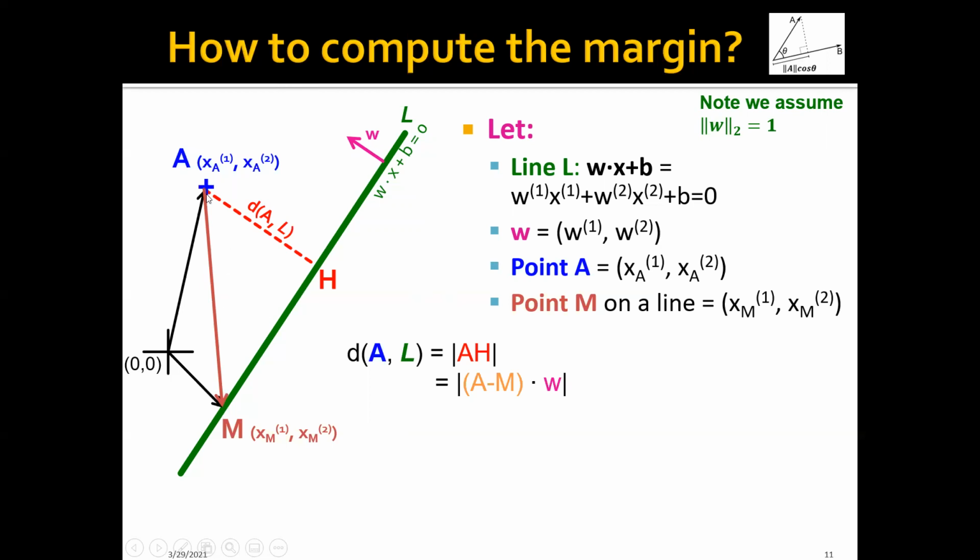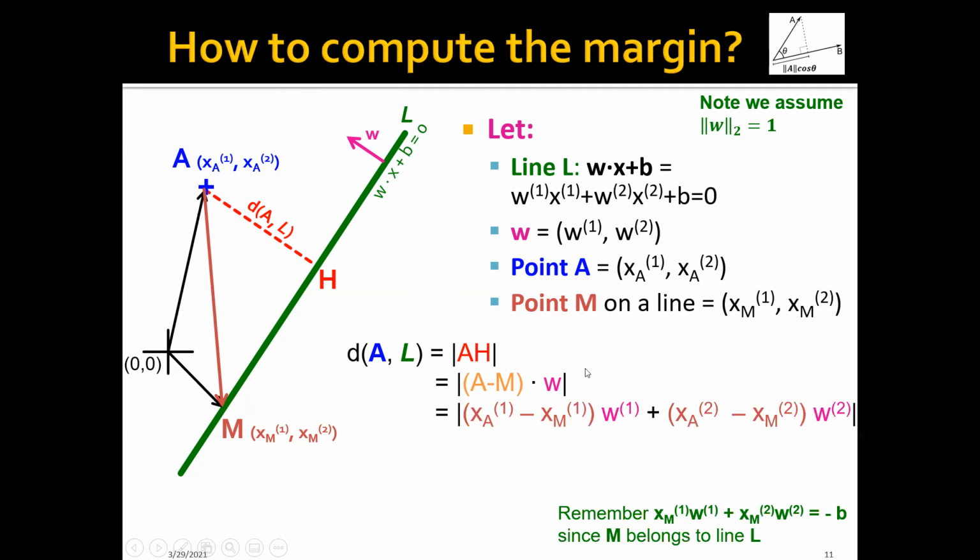This will be just the projection of the vector AM onto the vector W, so this will be exactly the distance between A and this decision boundary. And we can expand this as the following equation. Basically this will be XA1 minus XM1, which is the subtraction in the first coordinate, and this is the subtraction in the second coordinate.